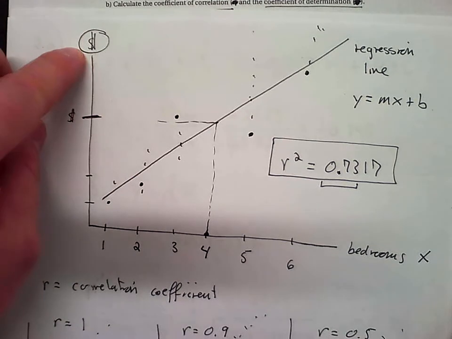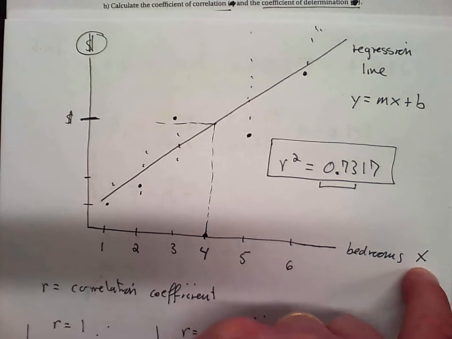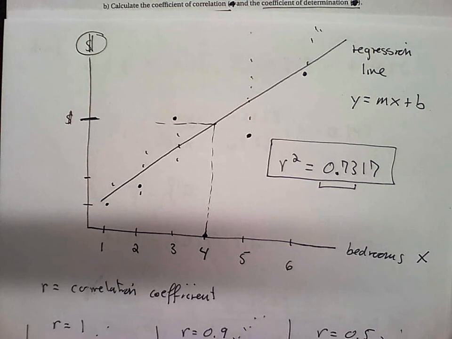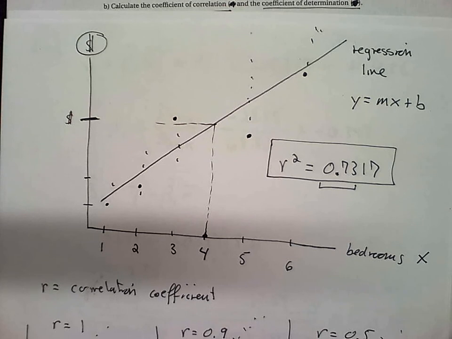So how much of your home price is explained by the bedrooms? A little over 70%, right? 73%. That's what r squared says. So whenever you have a large r squared value, you're saying, hey, this one thing that I know about is going to tell me a lot about home prices, or whatever else you have.